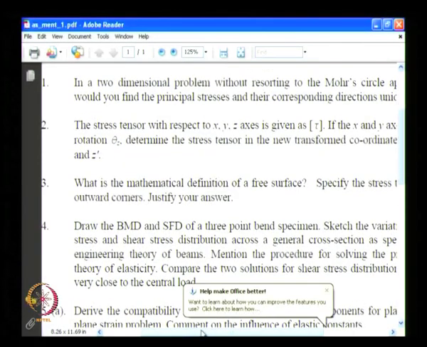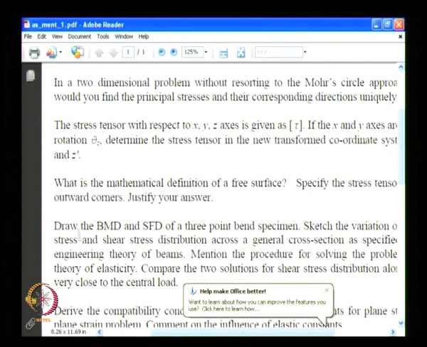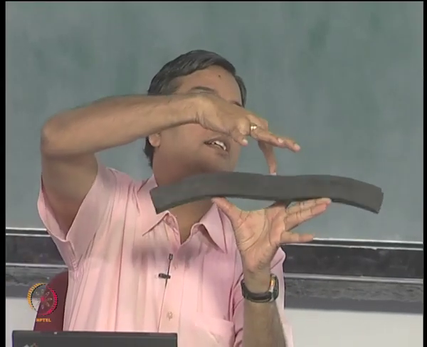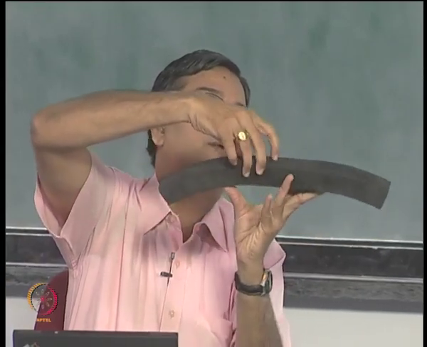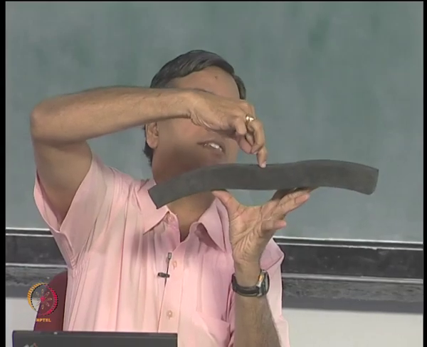So, what I have here is a set of only 5 simple problems, and the next problem is essentially you have to find out the shear distribution on a 3-point bend specimen. Suppose I have this as the beam and I have supported like this, and I put a sharp load like this.